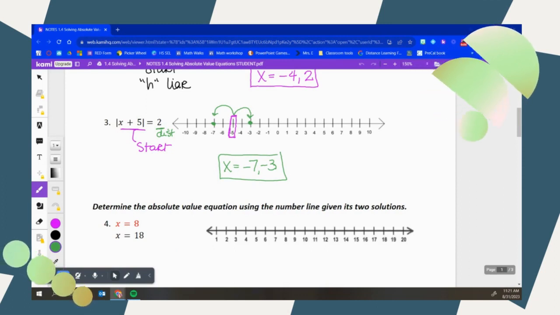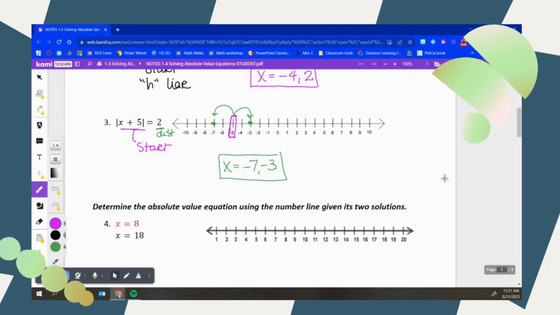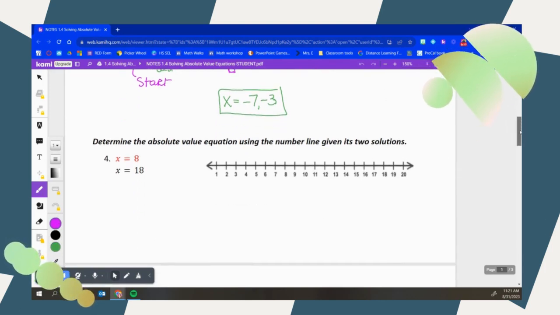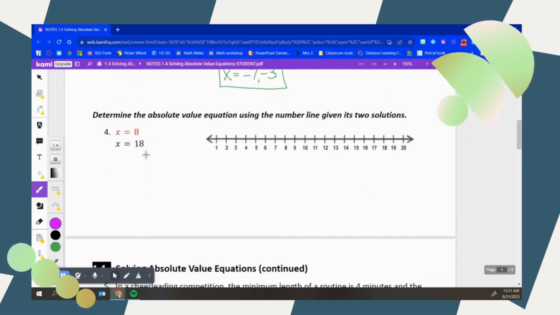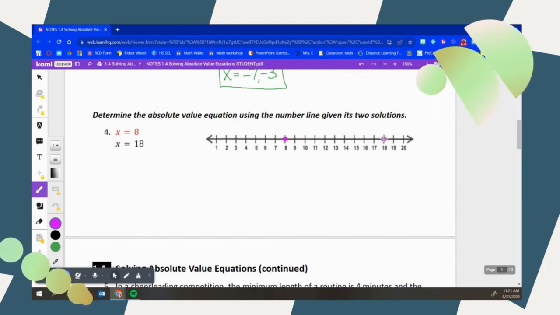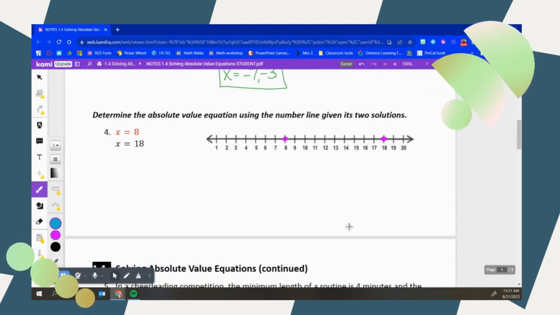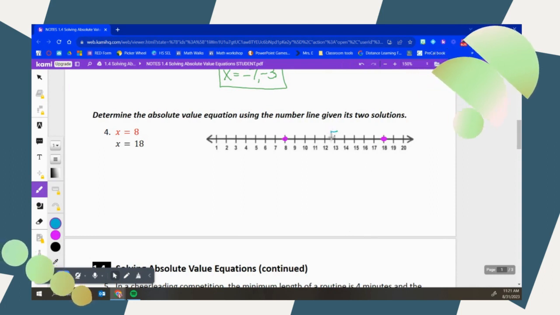Alright, let's discuss to make sure that everybody's on the same page, right? So in number 4, the solutions are 8 and 18. You told me the starting point has to be halfway between the two. It needs to be in the middle, so where's our starting point? The starting point is at 13.